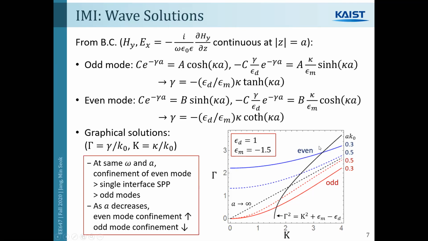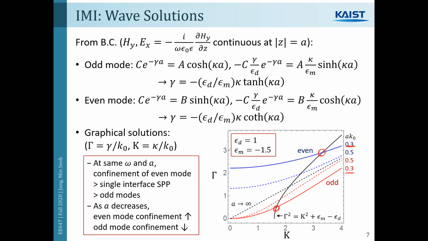So what we need to check is the crossing of these two curves, and that gives you the answer. Okay, so what do we know? First of all, at the same omega and thickness, if you compare the even mode and odd mode, the even mode has higher gamma and kappa compared to the odd mode.